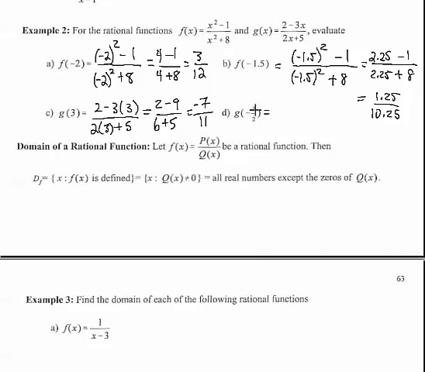It's best just to leave it the way it is. It gives us the exact answer. G of -3/2. Well, negative 3 halves is the same as a negative 1.5. So we have 2 minus 3 times a negative 1.5, and negative 3 halves is negative 1.5.